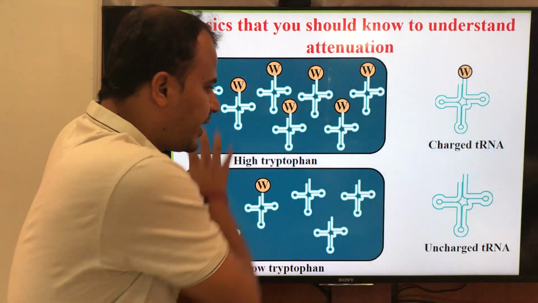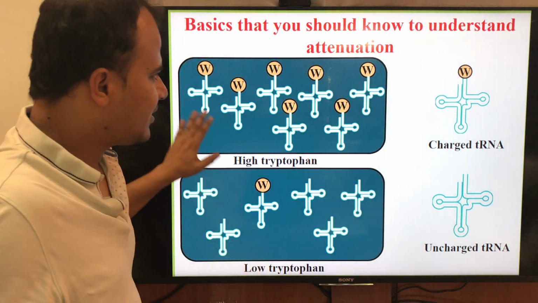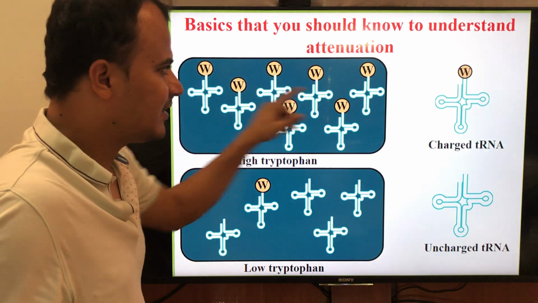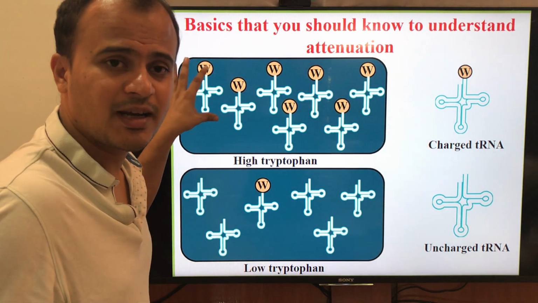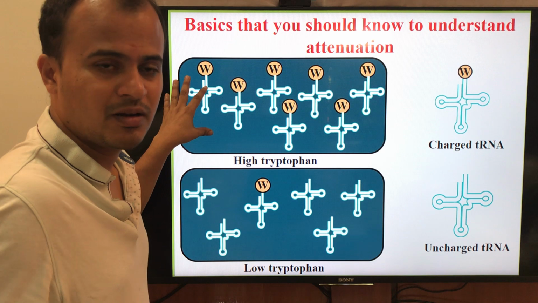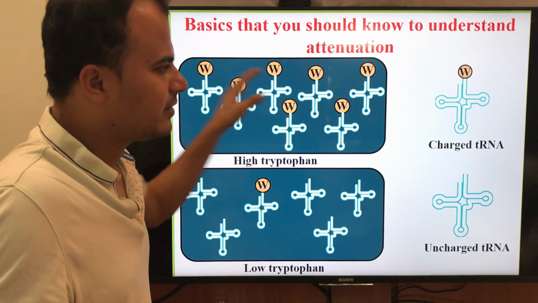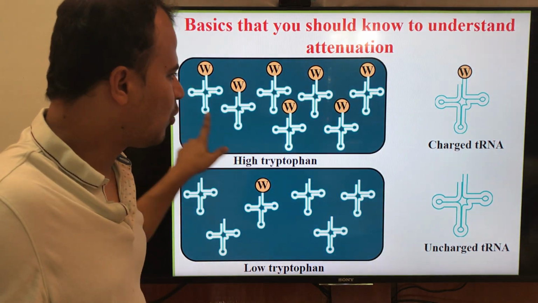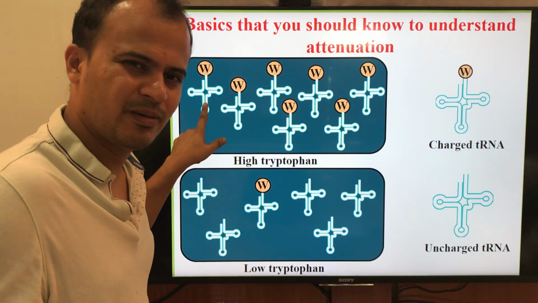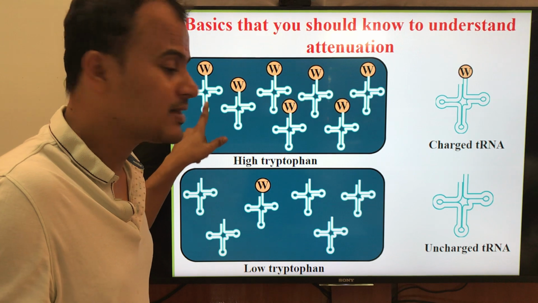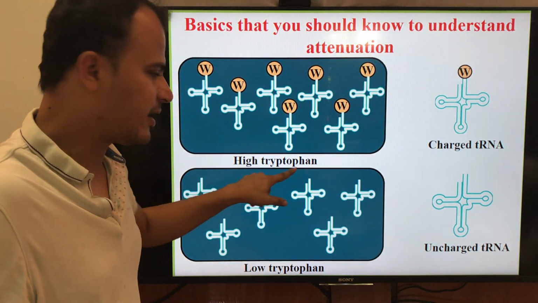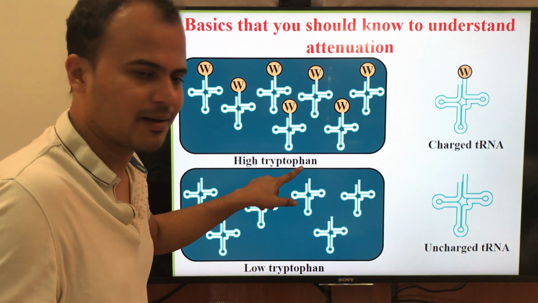Now, in addition to this, in the bacterial cell, if there is an abundant amount of tryptophan, tryptophan is attached to the tRNA, and most of the tRNAs will be in the charged form when there is a high amount of tryptophan in the bacterial cell.